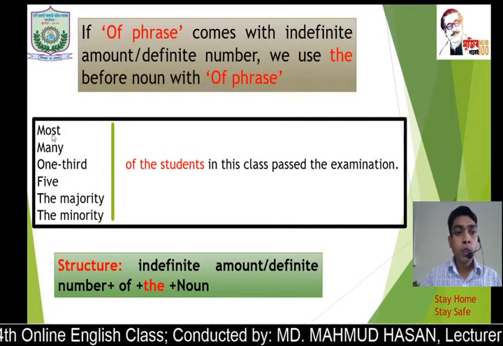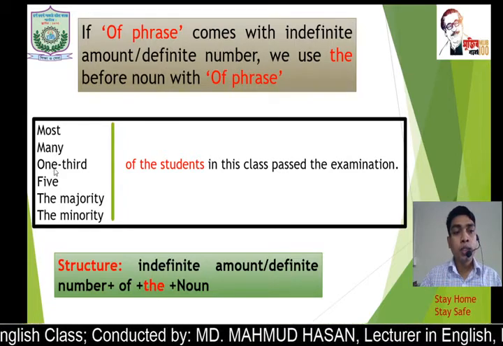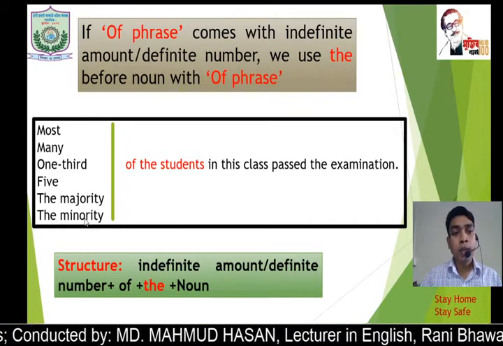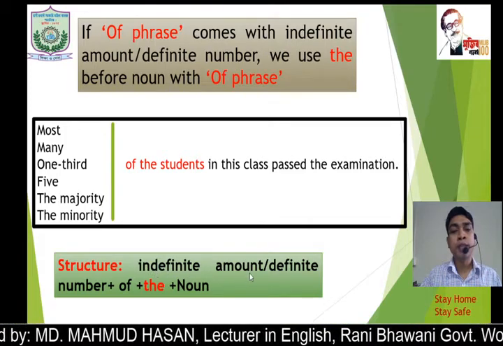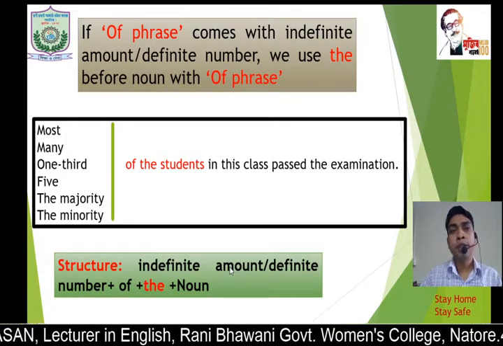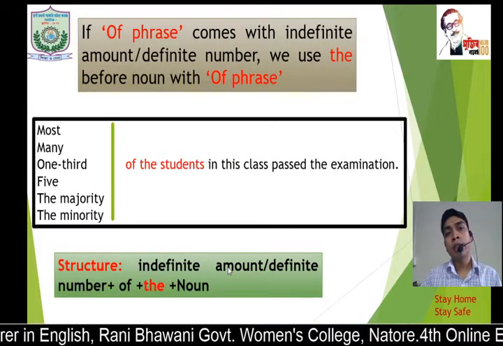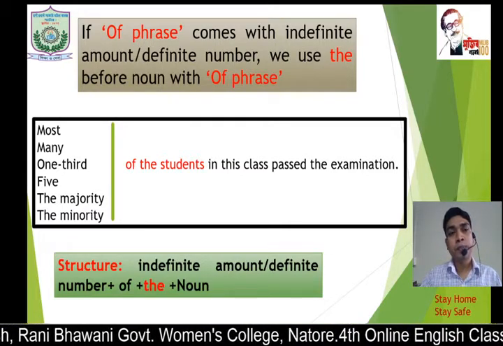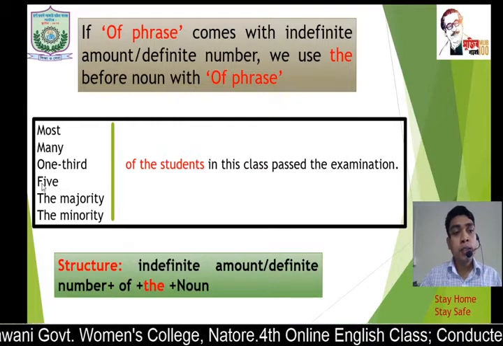Here most, many, one-third, the majority, the minority, all are indefinite amounts. It doesn't show the specific number, rather it's indefinite. And five is a definite number.